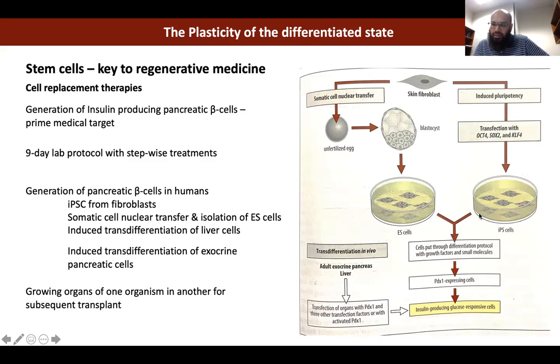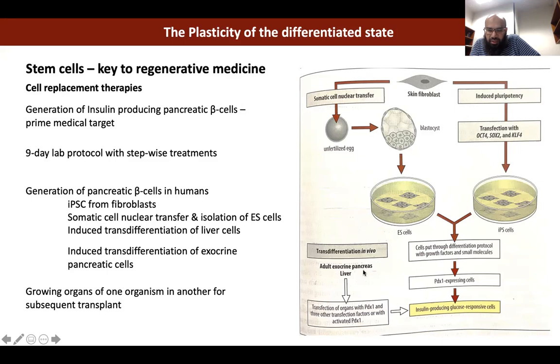So either you take iPSCs or ES cells, and then you go through this 9-day lengthy and laborious protocol and overexpress the PDX1 cells, which then produce insulin. These are two different ways, and then you can also, of course, use the transdifferentiation procedure in vivo.